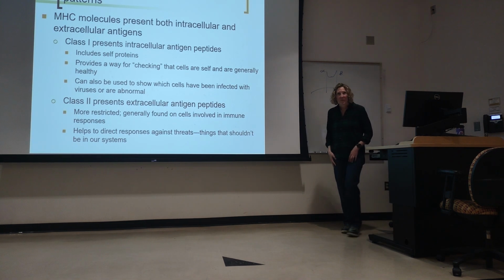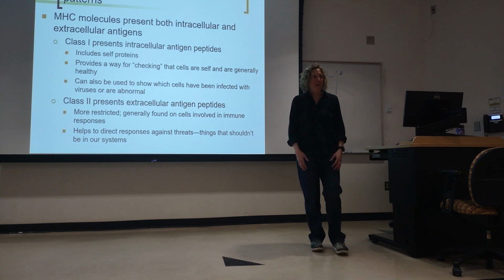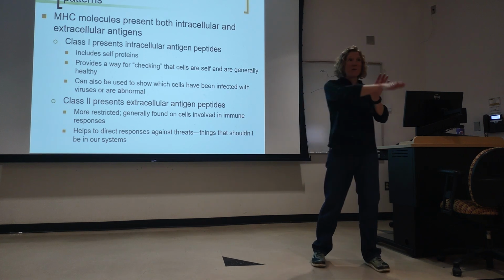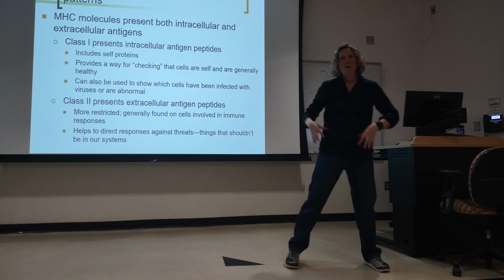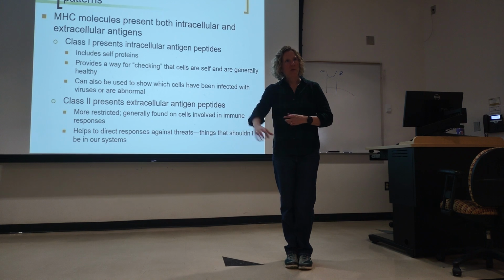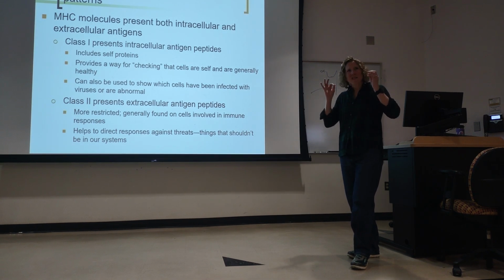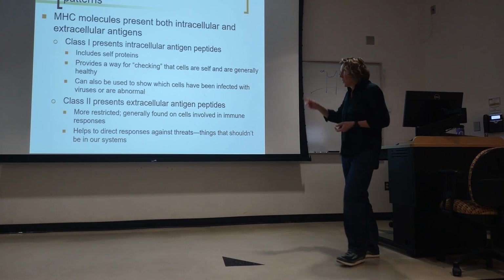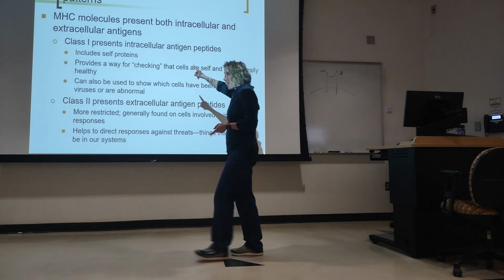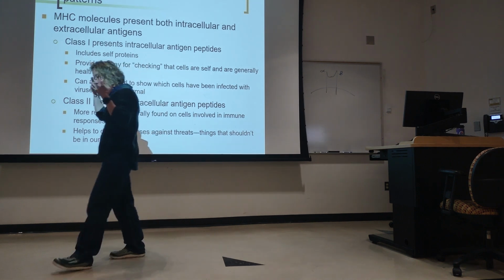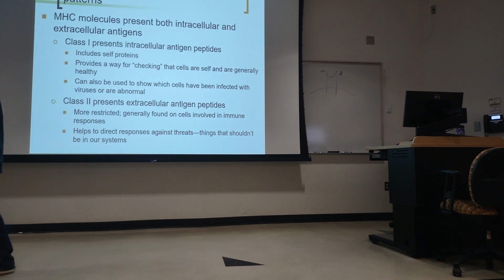So, class 1 and class 2 receptors. Class 1 receptors engage with cytotoxic T cells. Class 2 receptors engage with helper T cells. Where do the antigens come from? Class 1 receptors are expressed on all of your nucleated cells in your body.